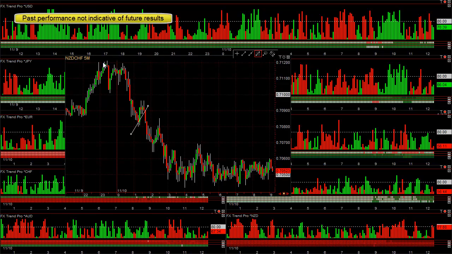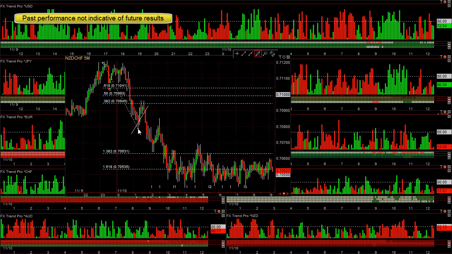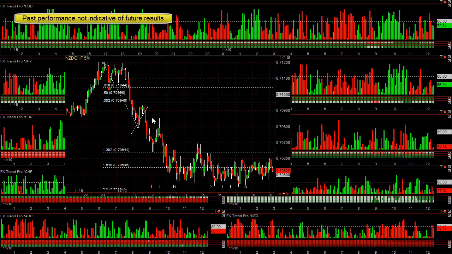So you don't know how many pips you're going to make, but most of the time it's going to work its way down to this fib target. So you'd be short somewhere around here at 70.88, and let's just say you get out a few pips around here at 67. So you made a little over 20 pips. That's a decent profit for risking 10 pips. You risk 10 pips to make 20. It's that simple.